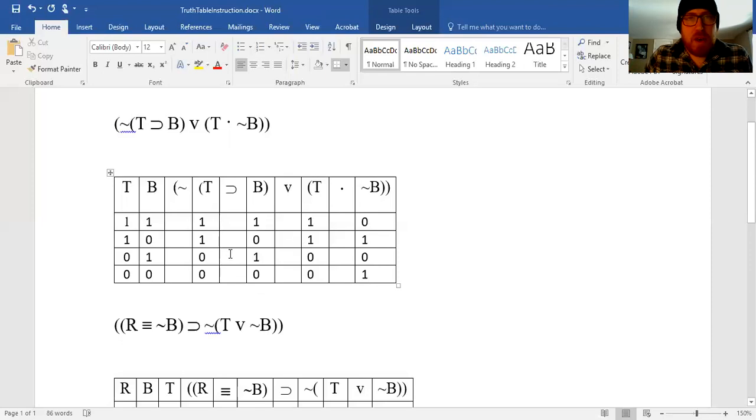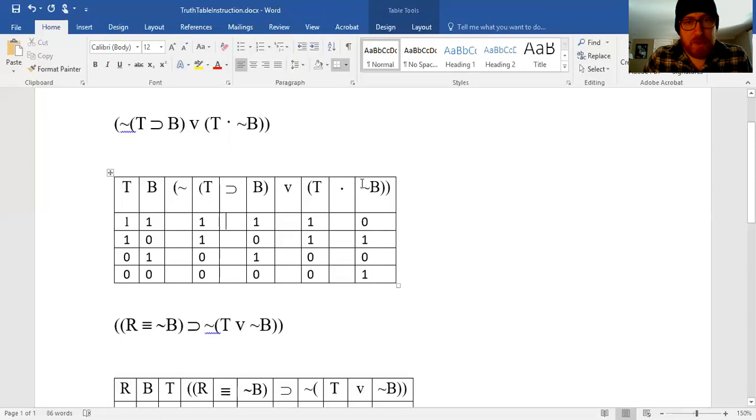The next thing we calculate are logical operations bound in parentheses. So we have the horseshoe here, and we have the dot here, the conjunct here. The value of the horseshoe is going to be determined by the value of T compared to the value of B. Now the value of this dot is calculated by comparing the value of T to the value of this tilde.